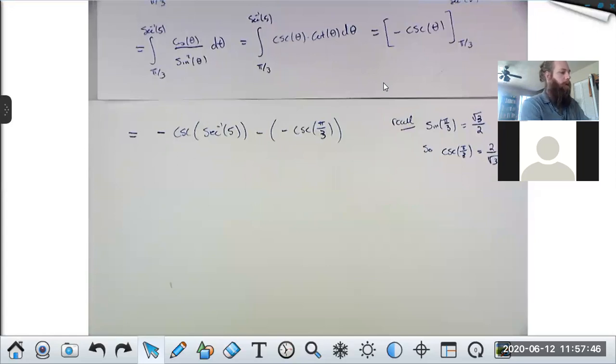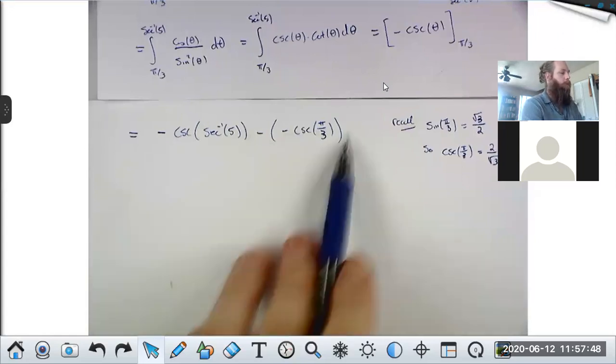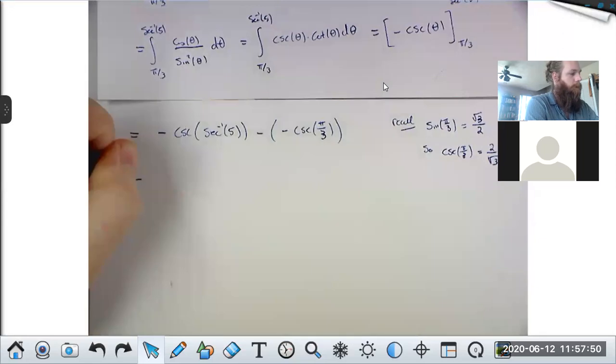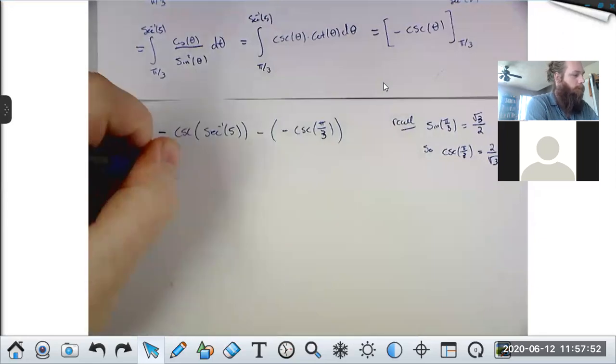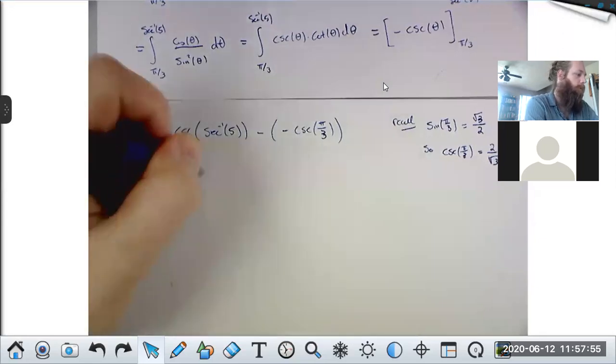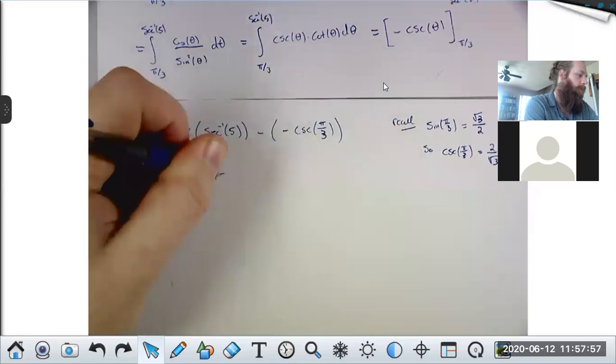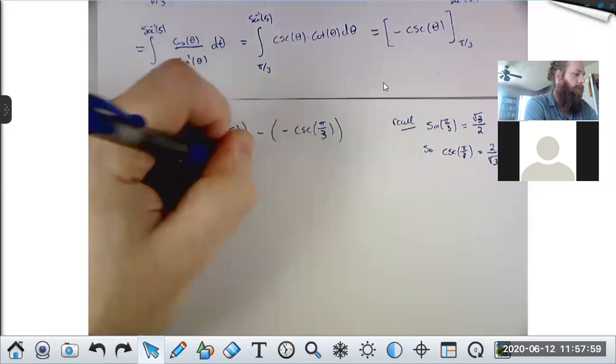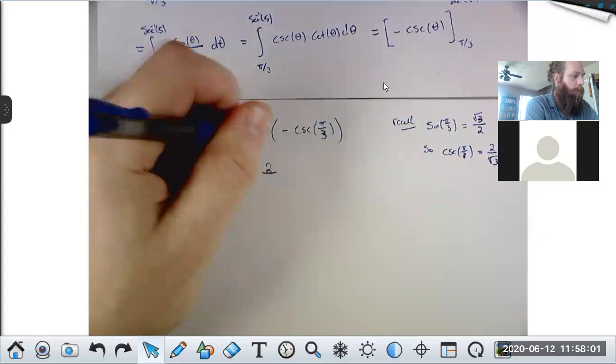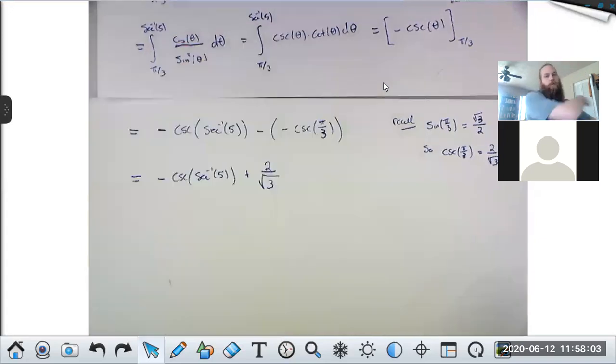So this piece right here is 2 over root 3. I still have to deal with the negative cosecant of the inverse secant of 5. I'll show you how to do that in a second. But these 2 minuses make a plus, and we get plus 2 over root 3.